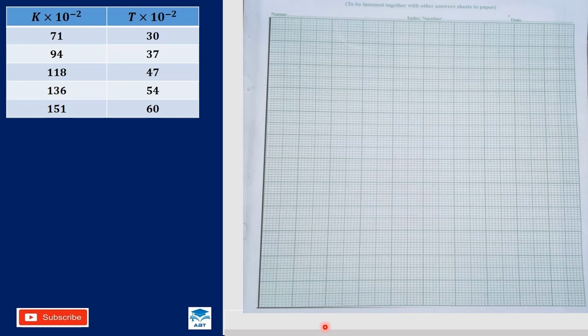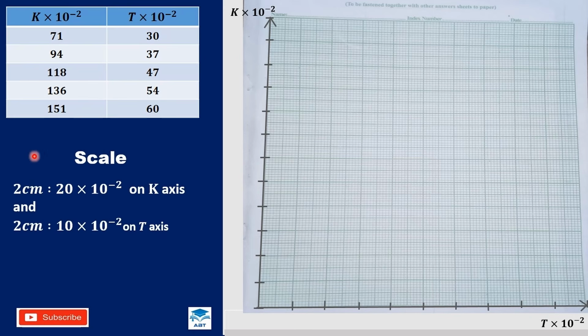So we draw the vertical and horizontal axis. We are going to plot K on the vertical axis and T on the horizontal axis. So we choose a scale for the values. Looking at the values, a scale of 2 centimeters to 20 times 10 exponent negative 2 on the K axis will be okay.